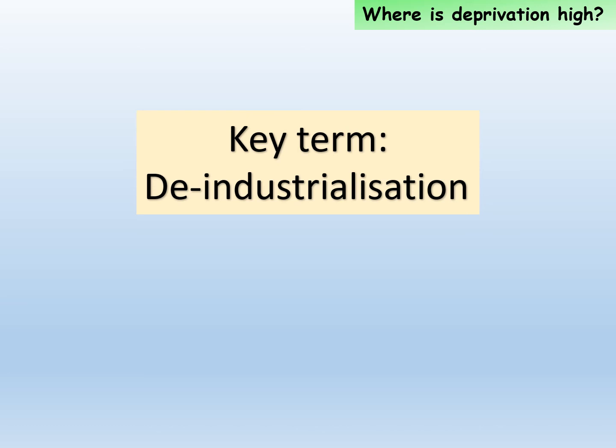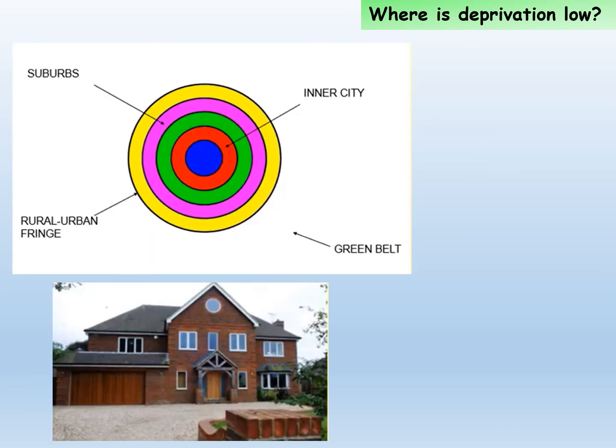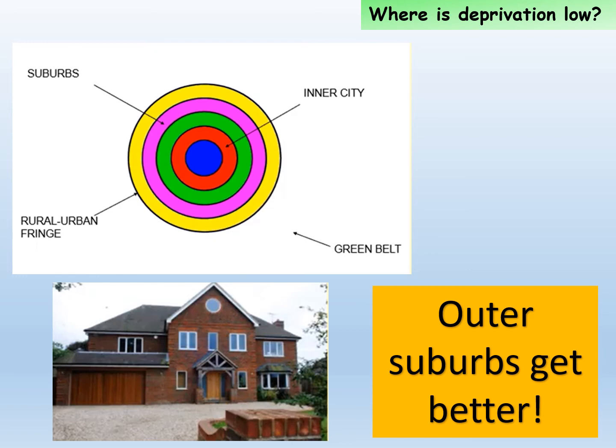So that term deindustrialization is really important when we're answering the question, why are the suburbs much less deprived than the inner city? So whereas deindustrialization causes problems in the cities, it actually causes the outer suburbs to get better.